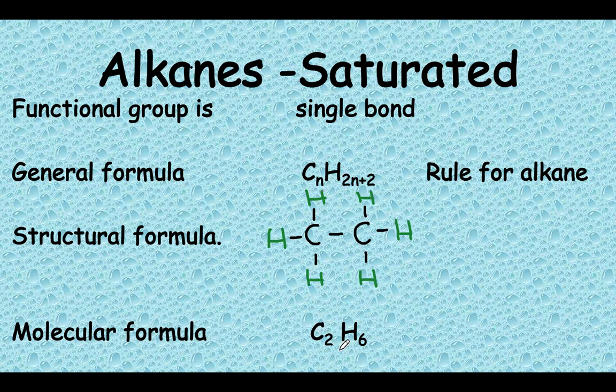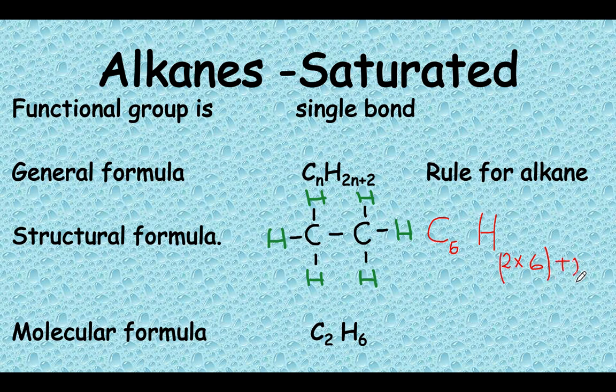If we know the carbon atoms is 2, we substitute like algebra, 2 times 2, 4, plus 2, 6. So we can get any number of hydrogens if we just know the number of carbons. So if we have 6 carbon atoms, 2 times 6, 12, plus 2, 14.